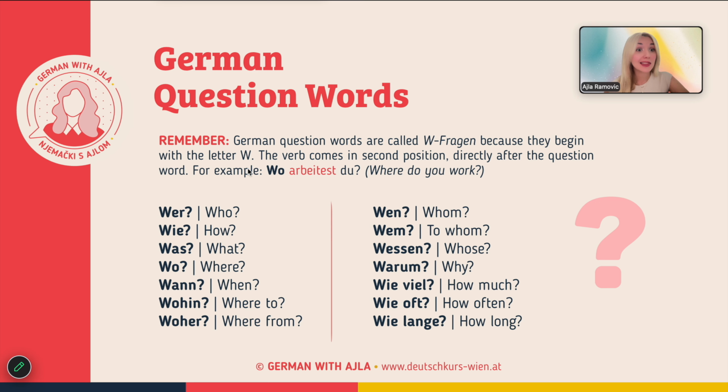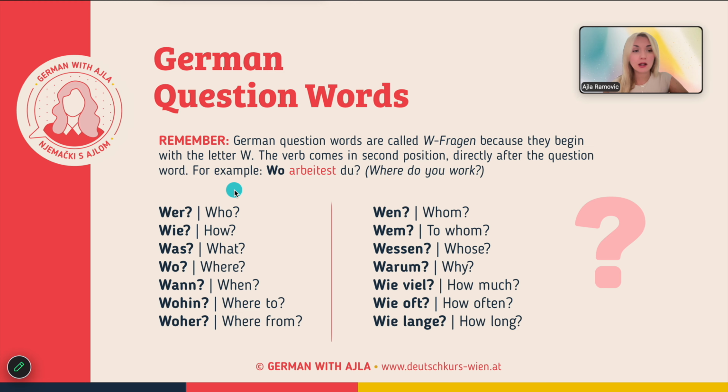In English, W questions. The verb comes in second position directly after the question word.